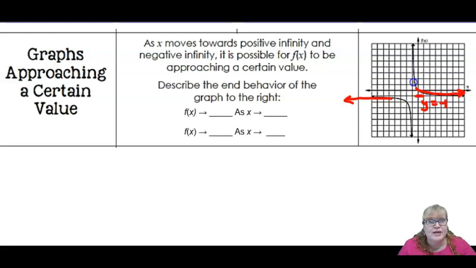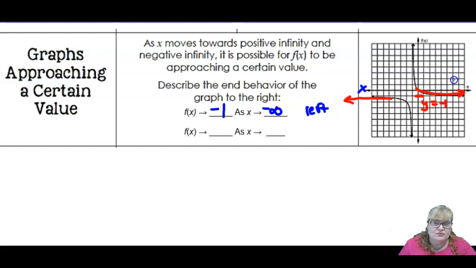Now there is also a break in the graph at x equals -1, but remember, end behavior is what's going off to the far left and the far right. So we want to say left. We say -infinity for x, because the x-axis is going left. It is getting closer and closer to a y value of -1.